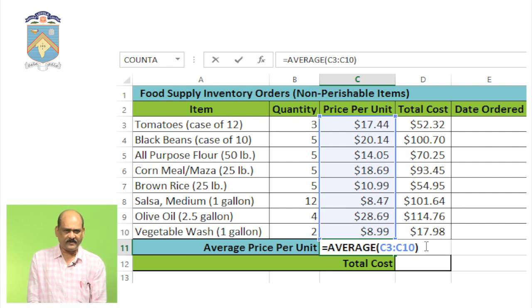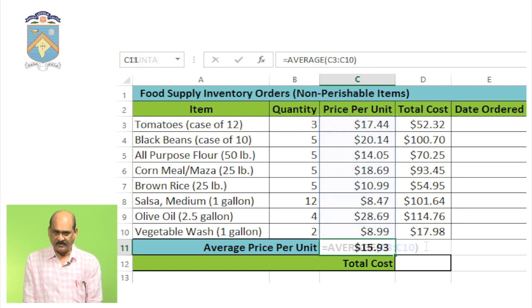So I open the bracket and close the bracket and use the word average. What happens? Simply all items are added up and averaged, and the average value is shown in that cell.